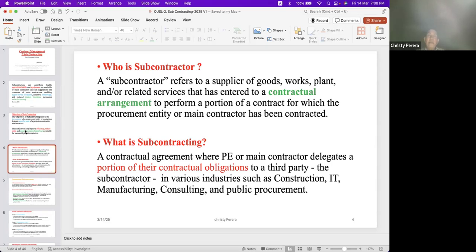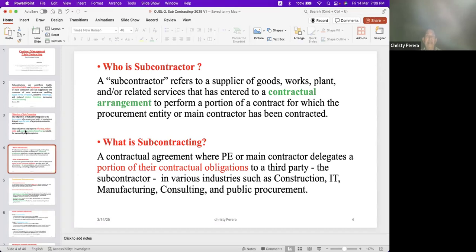A subcontractor has entered into a contractual agreement to perform a portion of a contract, not the full contract, right? The full contract we give to the main contractor, sometimes called the prime contractor. He is the person who gets the contract from the client or from the government. That contractor can give a portion to the subcontractor.